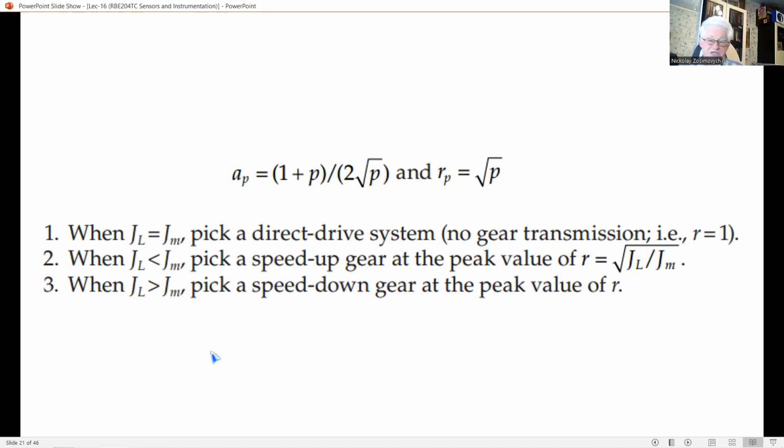When J sub L is less than J sub M, we get a speed up, where the peak value of R is proportional to the square root of J sub L over J sub M. And when J sub L is higher than J sub M, we pick a speed down at the peak value of R.